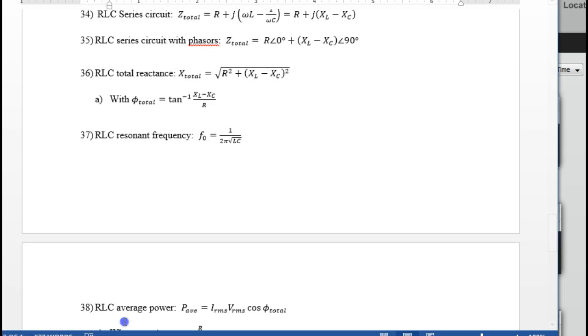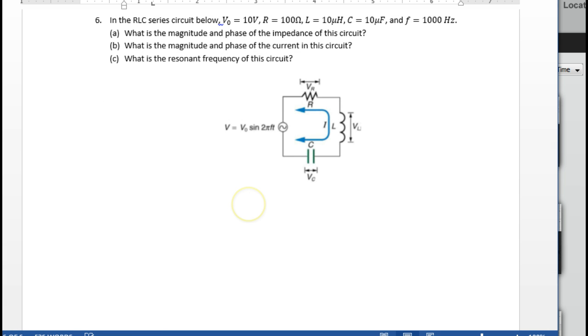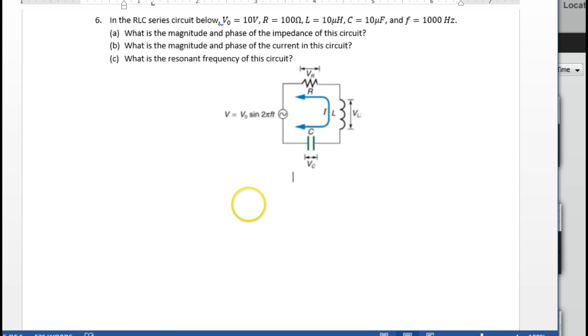Well, if we pop over to look at our equations, total reactance, which is the magnitude of the impedance, right? Total reactance is given by X total is square root of R squared plus XL minus XC squared. So let's come back over here. Get that stuck in.